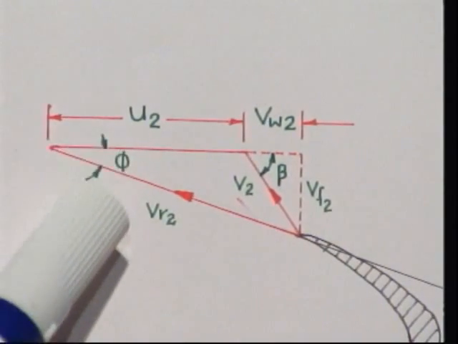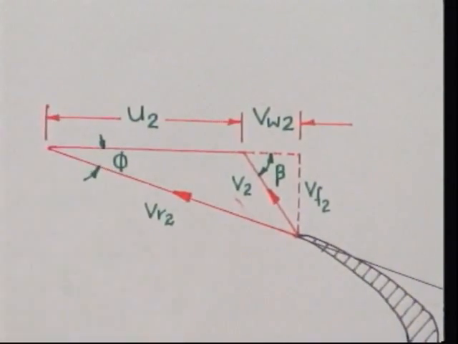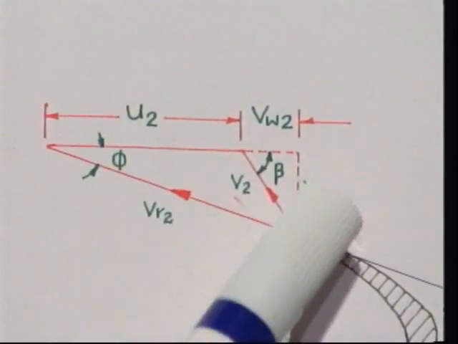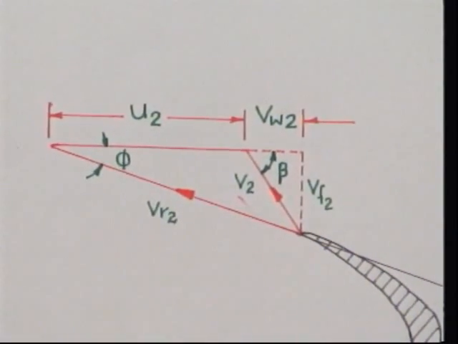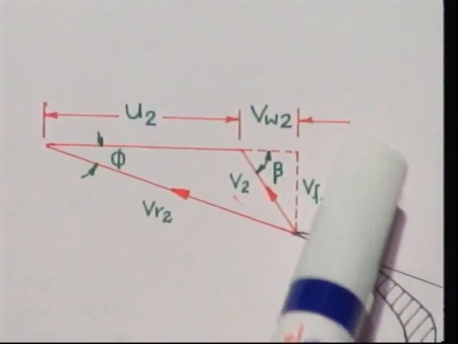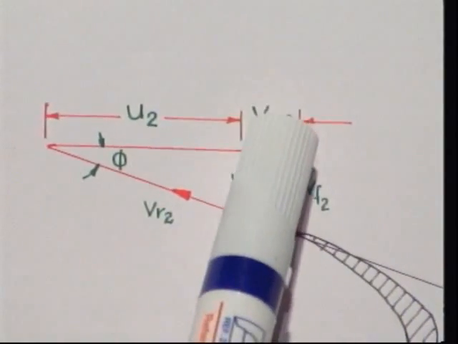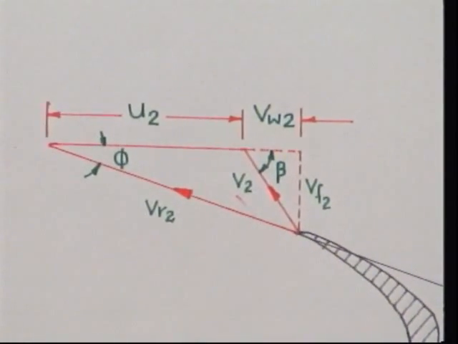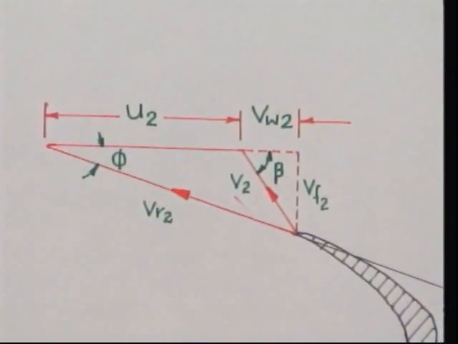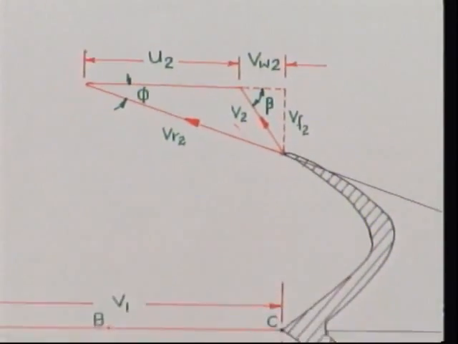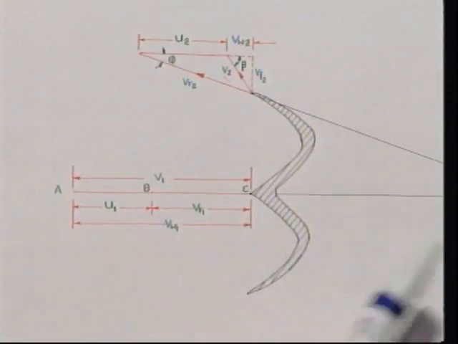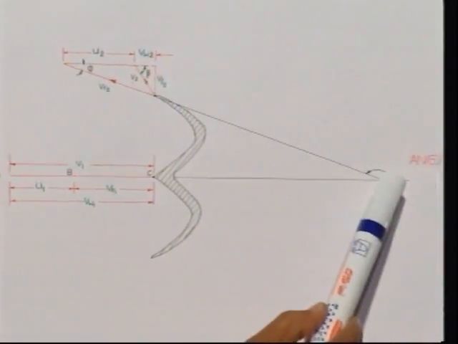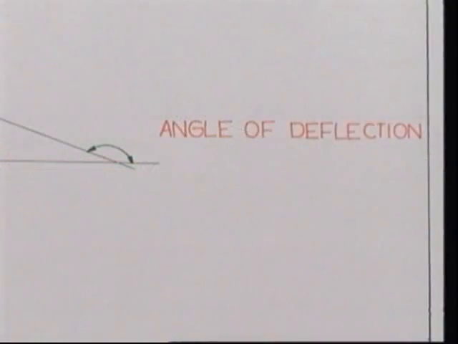Phi is the angle between u2 and Vr2, and beta is the angle between V2 and Vw2. Vf2 is the velocity of flow at outlet, Vw2 is the velocity of whirl at outlet. This phi is called the blade angle at outlet. Similarly, this we call the angle of deflection.